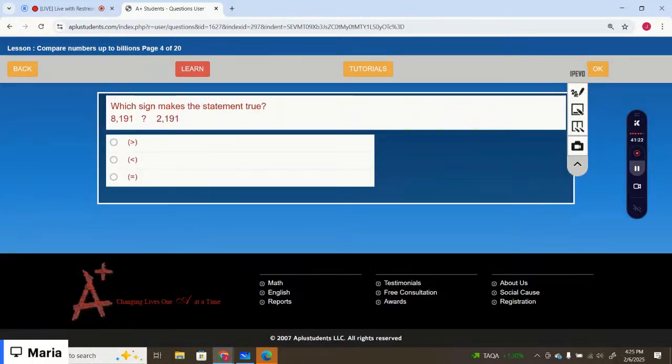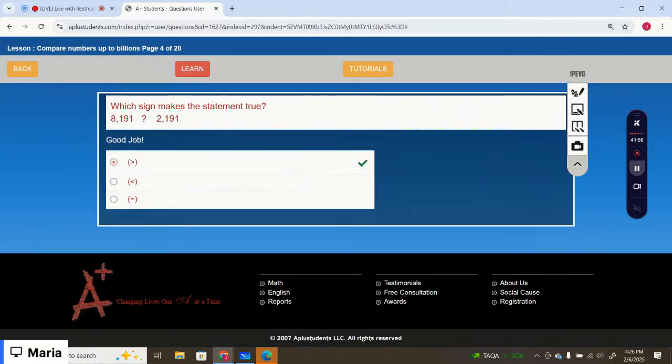Which sign makes the statement true? Greater it is. 8191 is greater than 2191, isn't it?